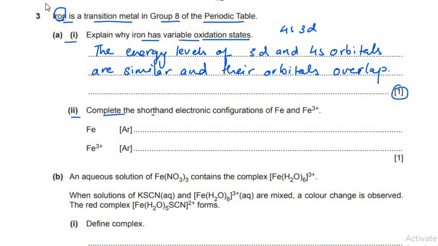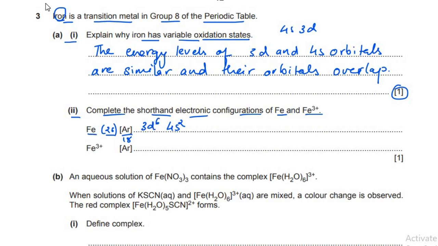It says complete the shorthand electronic configurations of Fe and Fe3+. Now Fe has atomic number 26. So we start with argon, which goes up to 18. After 18 we are left with 4s. We'll fill up 4s first with 2, that is rounded up with 20, and the remaining electrons go in 3d, that is 6 electrons.